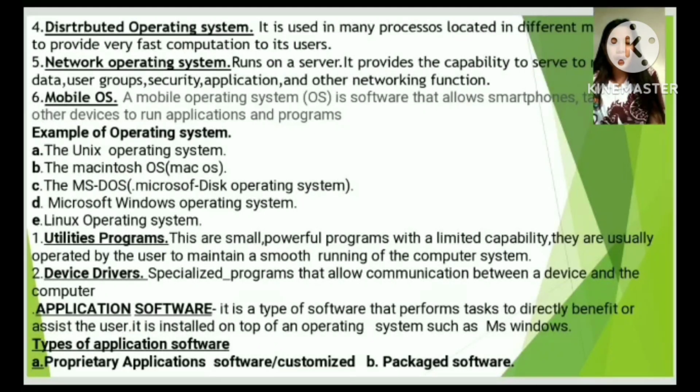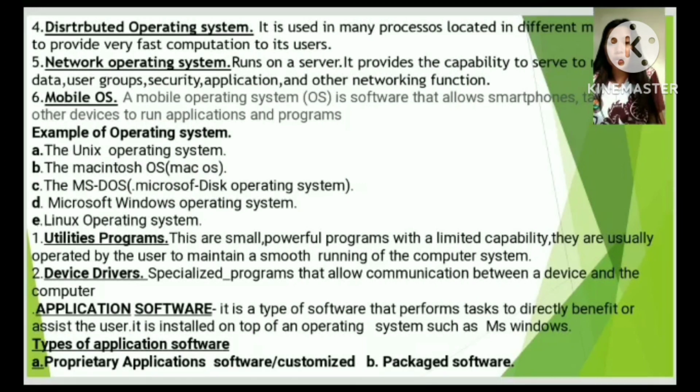Device drivers are specialized programs that allow communication between a device and a computer, loaded into memory each time a computer is started. When a new device is added, the drivers must be installed. Application software is a type of software that performs tasks to directly benefit or assist the user.